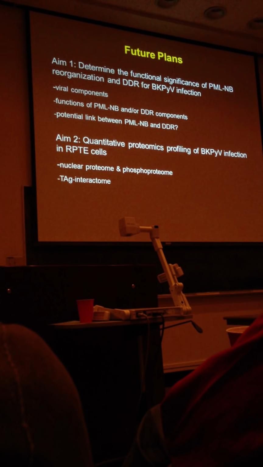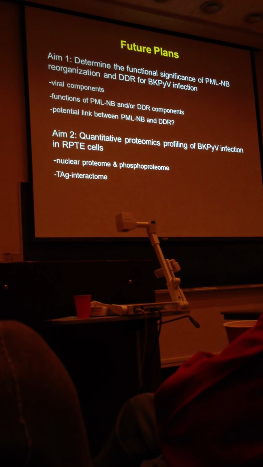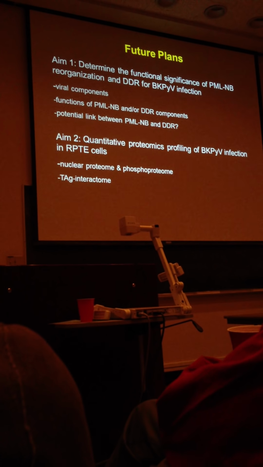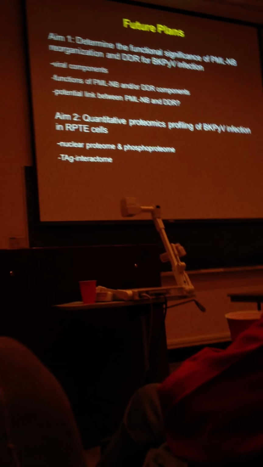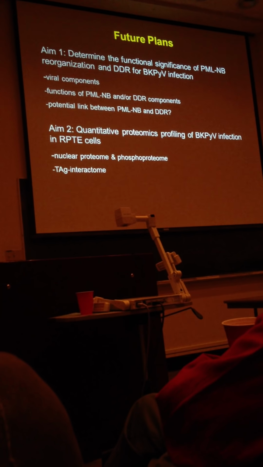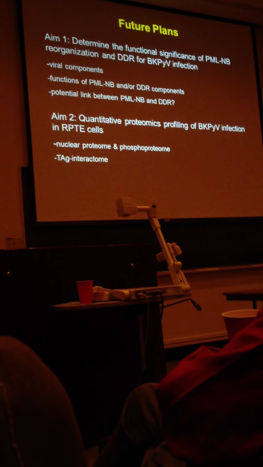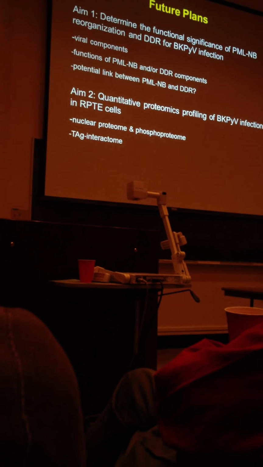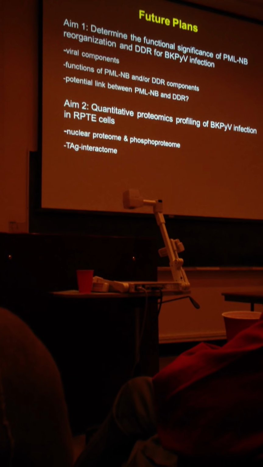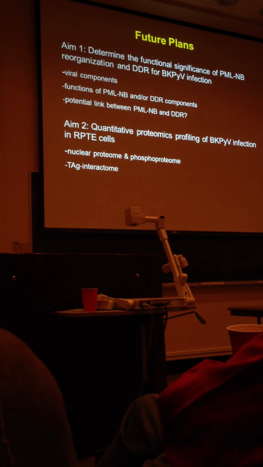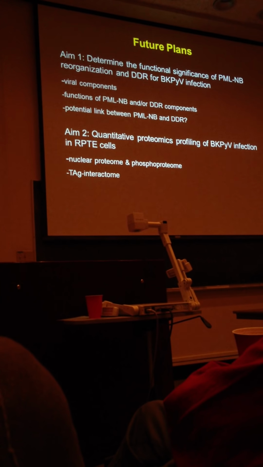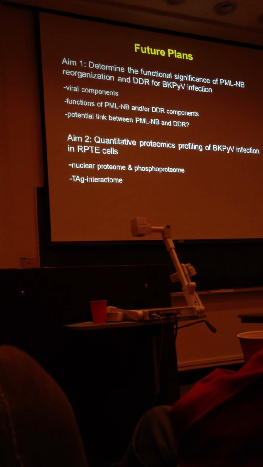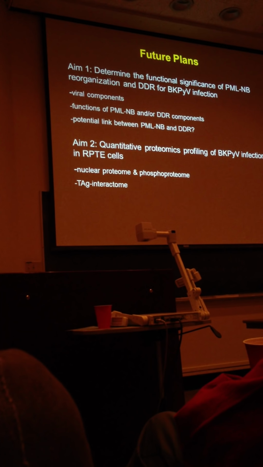And the second aim I'd like to propose is to use powerful quantitative proteomics techniques to really look at global changes that can be caused in those cells. As I've shown you, we looked at two structures so far, and both of them seem to give us very interesting results. So what about the rest of the nuclear structures or cellular components? So we just submitted a grant collaborating with Dr. Phil Andrews in the Department of Biological Chemistry, who is a leading expert in quantitative proteomics.